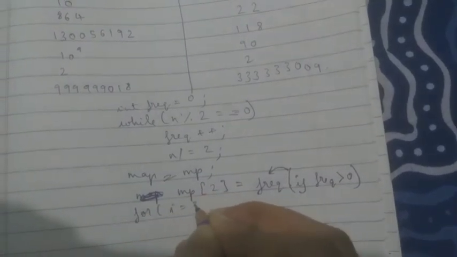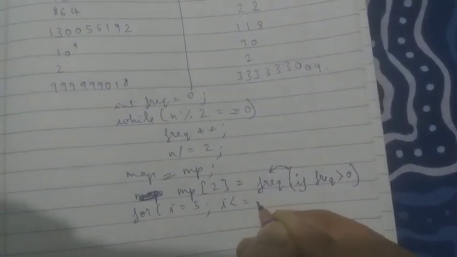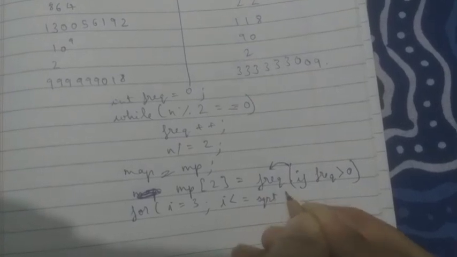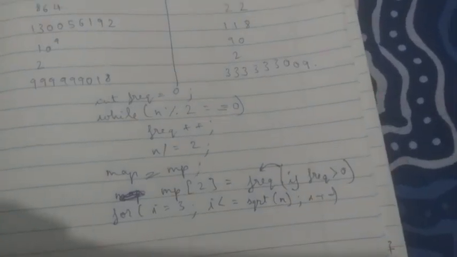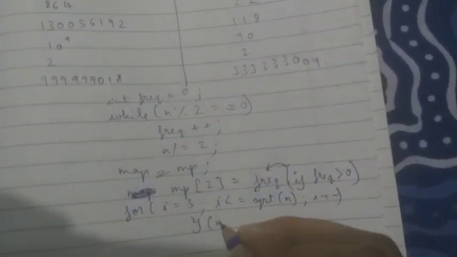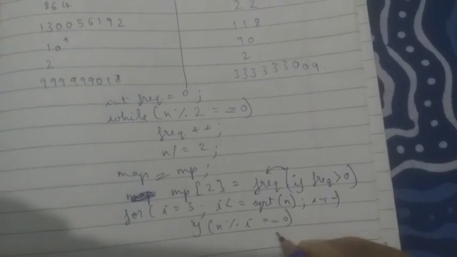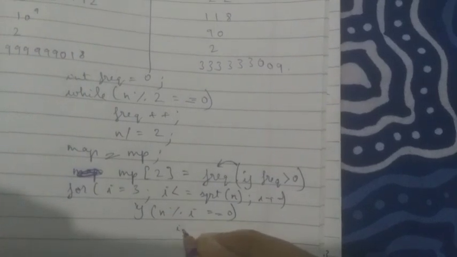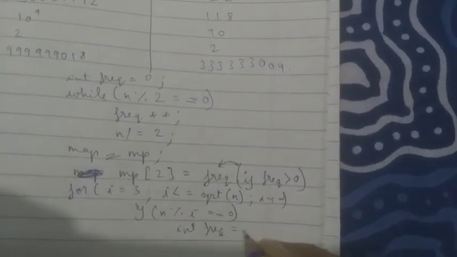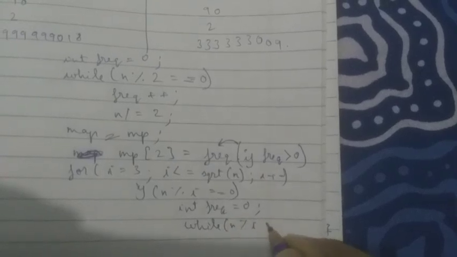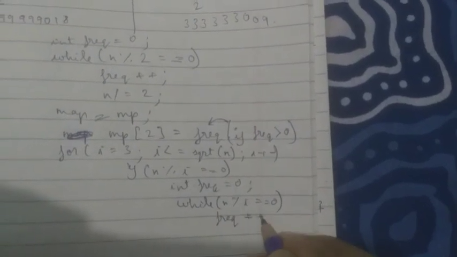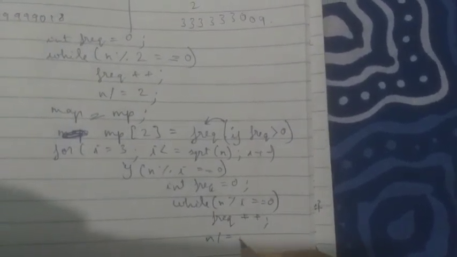Once we are done with this, you know the rest of the method. That is, for i equals 3, i less than or equal to square root of n, i plus plus, if n mod i equals 0, in that case we are going to check this frequency thing again. Frequency is 0 initially, then while n mod i equals 0, similarly, frequency plus plus and n divided by equals i.